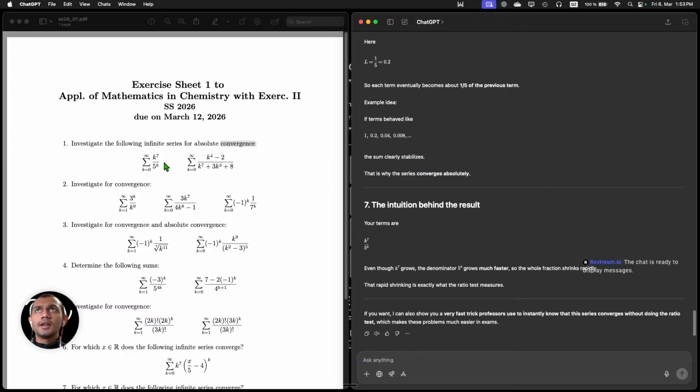So I got an idea. Okay, now I kind of got the idea on how to solve the first question, or the first function on the first question.